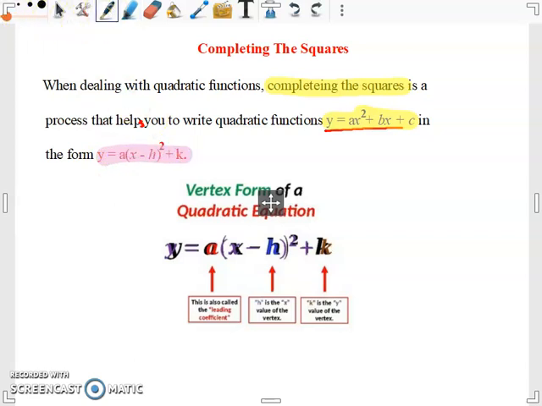So we actually use completing the squares to move from this format right here to this form.